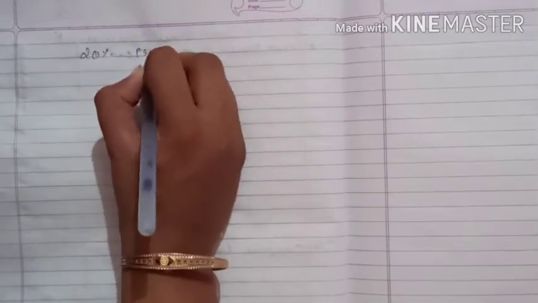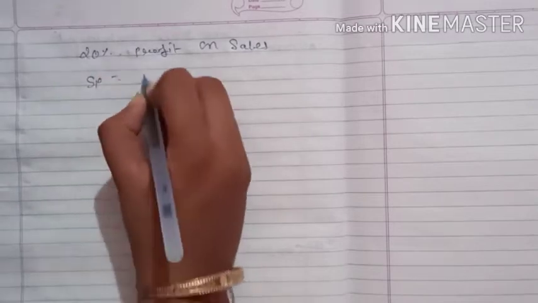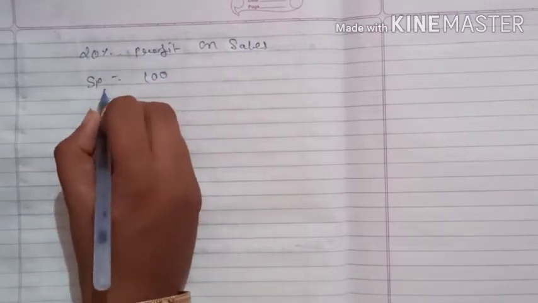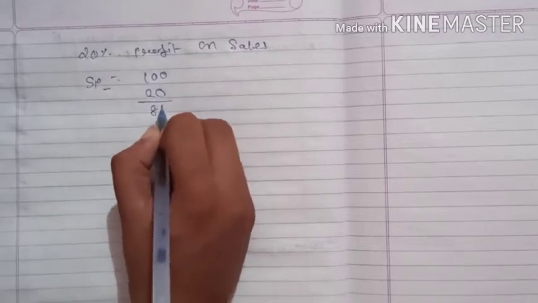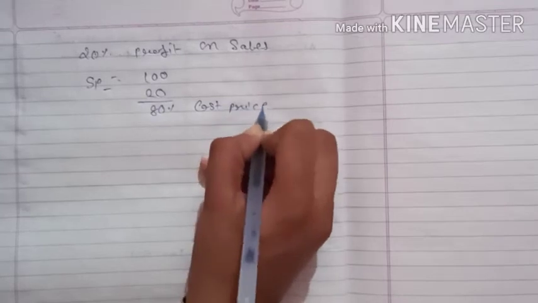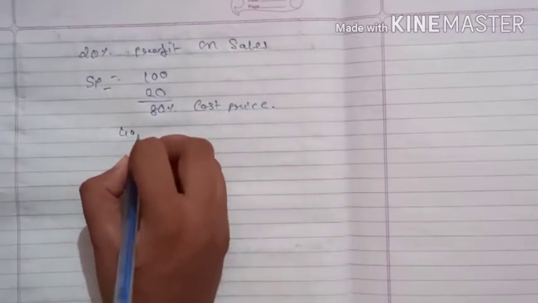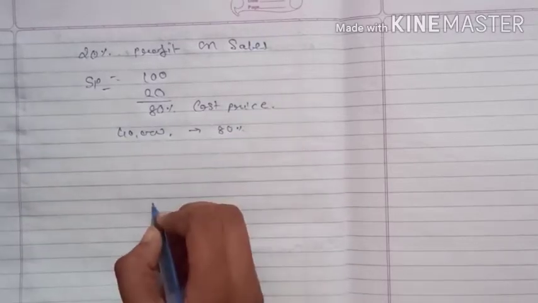So what is given? 20% profit on sales. Suppose selling price is 100, 20% profit will be there. We will get 80% as cost price, right? So 40,000 is the cost price, it is 80%, right?